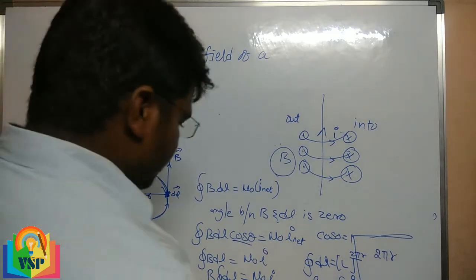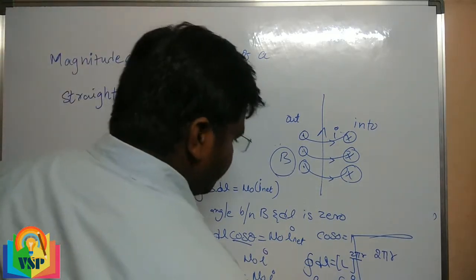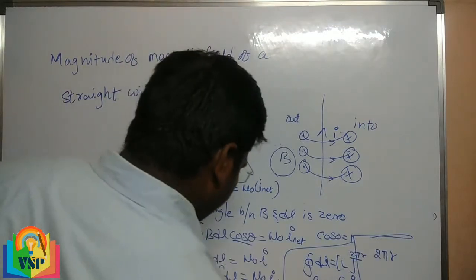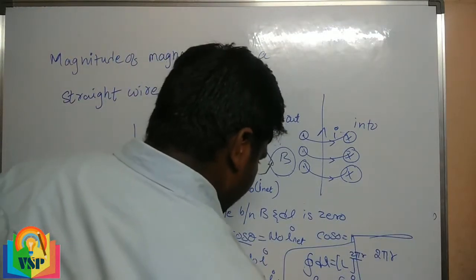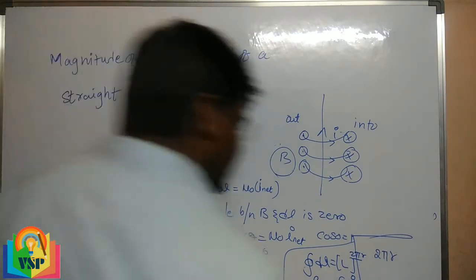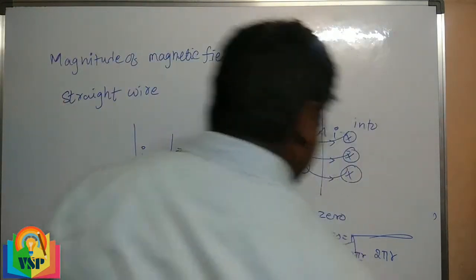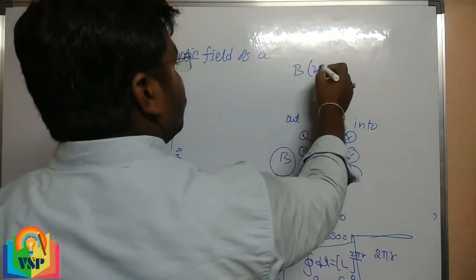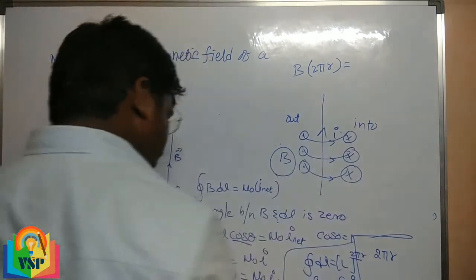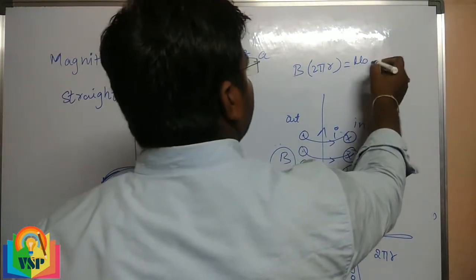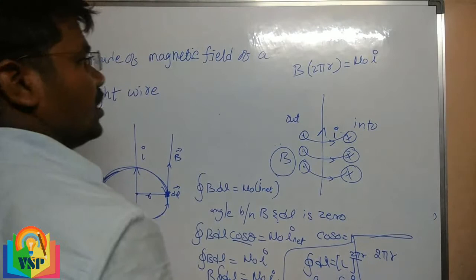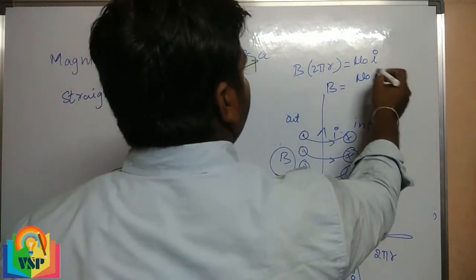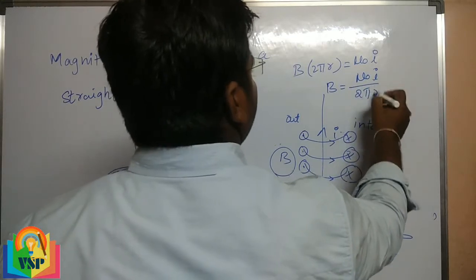Okay, understand. So this is equation 1, and this is equation 2. B into 2 pi r is equal to mu naught I. Okay, B is equal to mu naught I by 2 pi r.